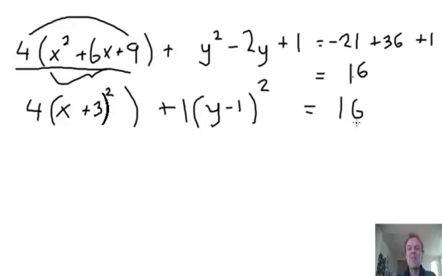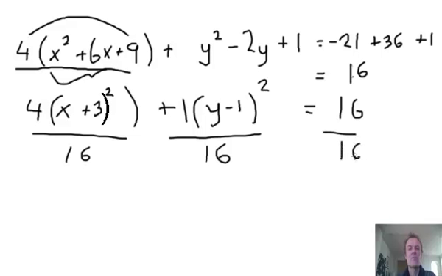So if we divide everything by 16, remember, divide everything by 16. So that equals 1. We have y minus 1 squared over 16.